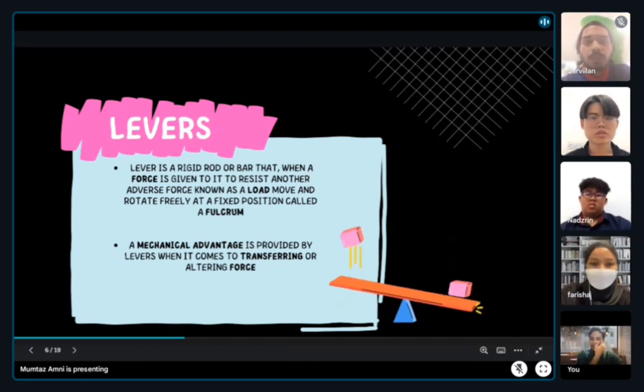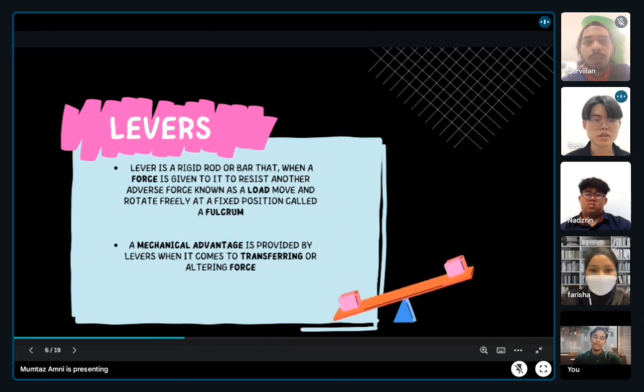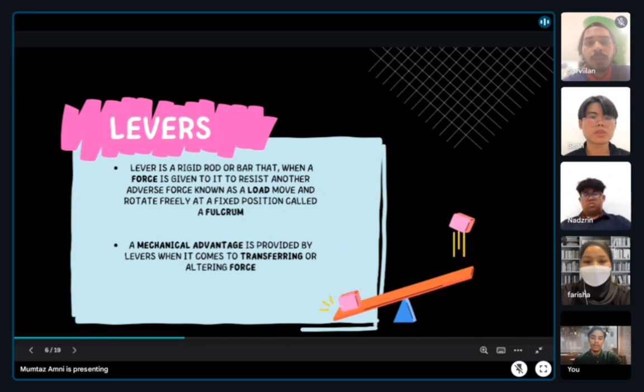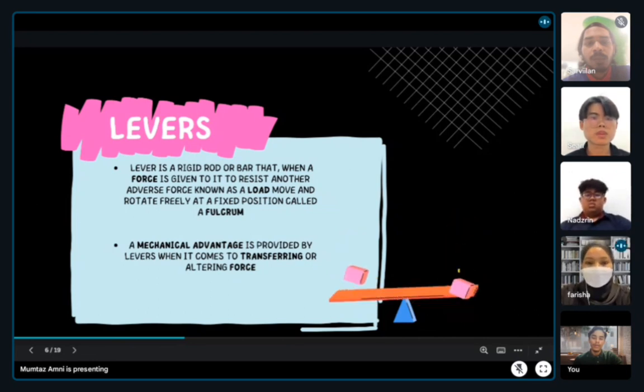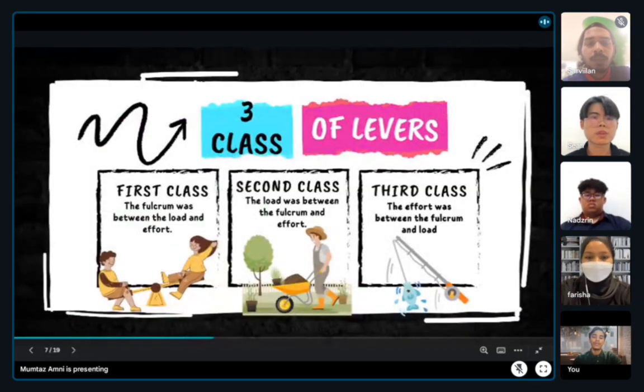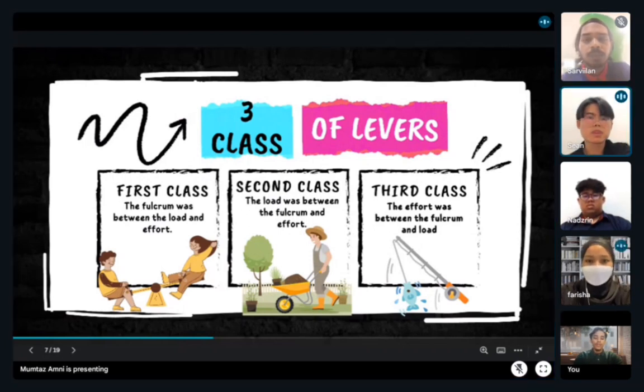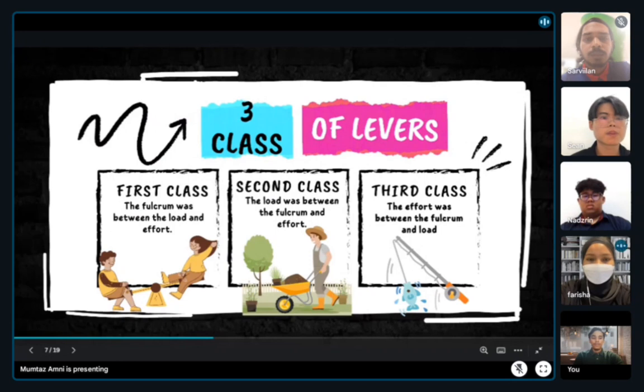A mechanical advantage provided by levers comes from transferring or altering force. Under levers, we have three classes of levers: first class, second class, and third class.